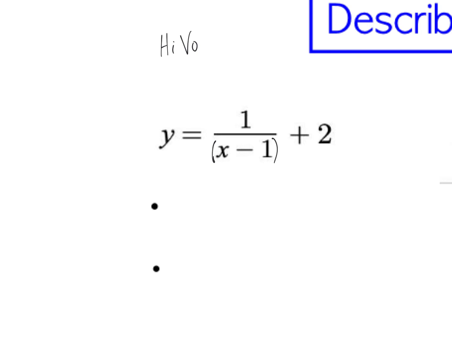So this subtraction of 1 is a horizontal shift right by 1 unit. Remember, inside the parentheses is always the opposite of the sign. So if we're subtracting 1, we're really adding 1.